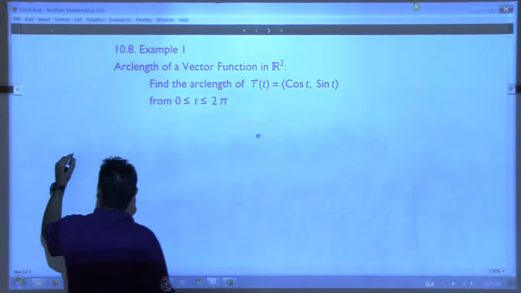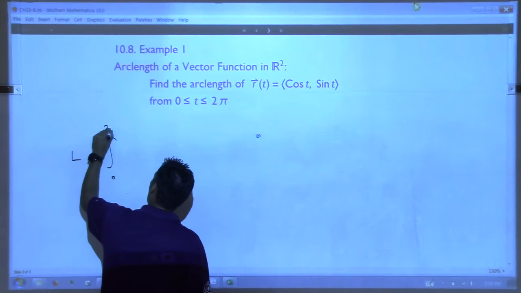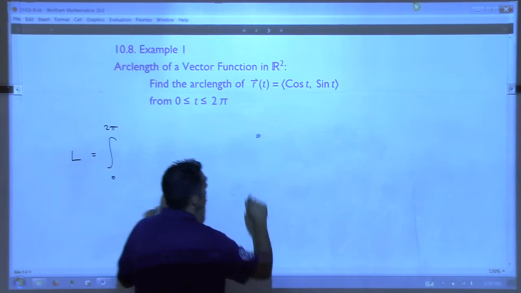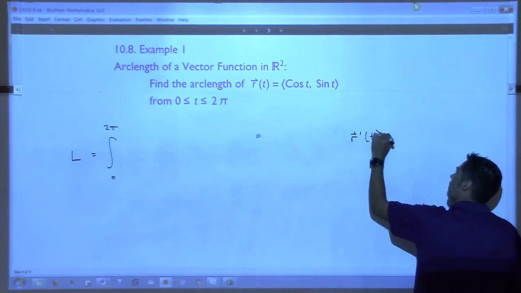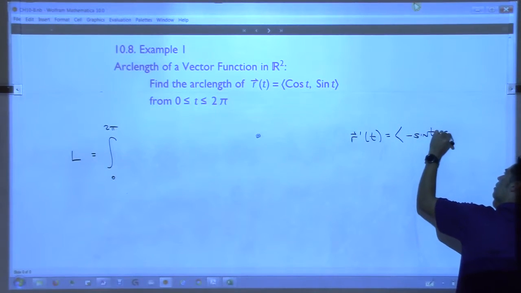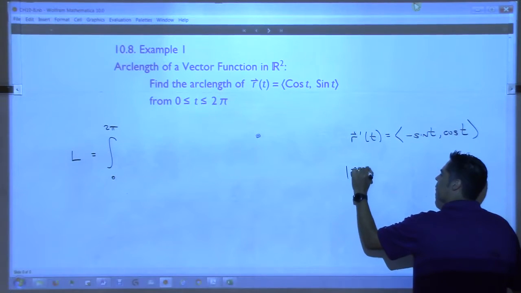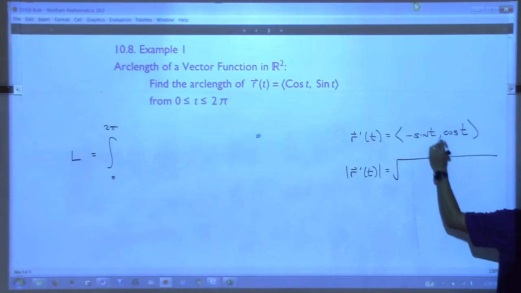The length of this will be equal to the integral from 0 to 2 pi of the magnitude of the derivative of that. Let's go ahead and do that over here. The derivative of this is the vector function negative sine t, cosine t. And then the magnitude of this derivative is going to be the square root of that squared plus that squared.